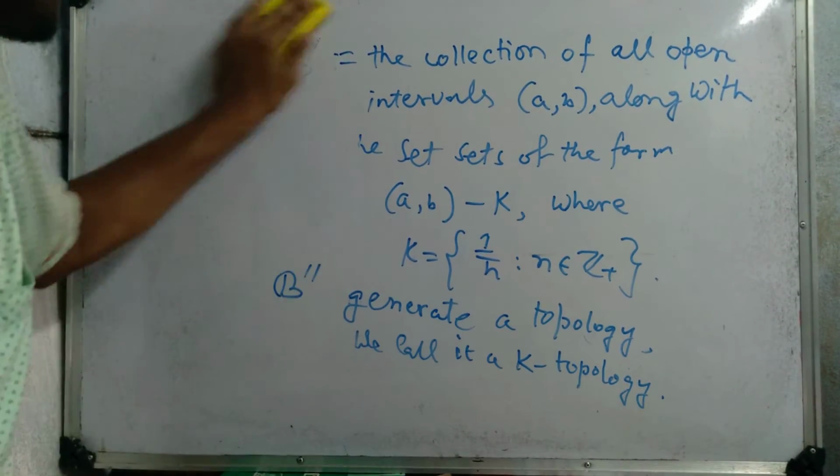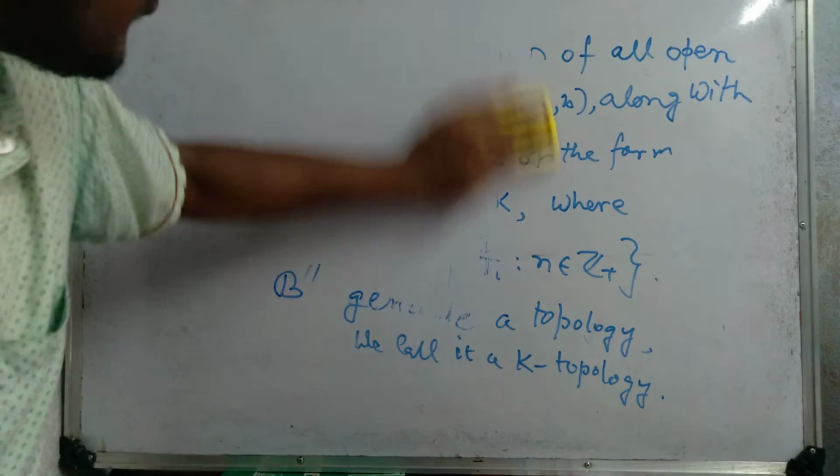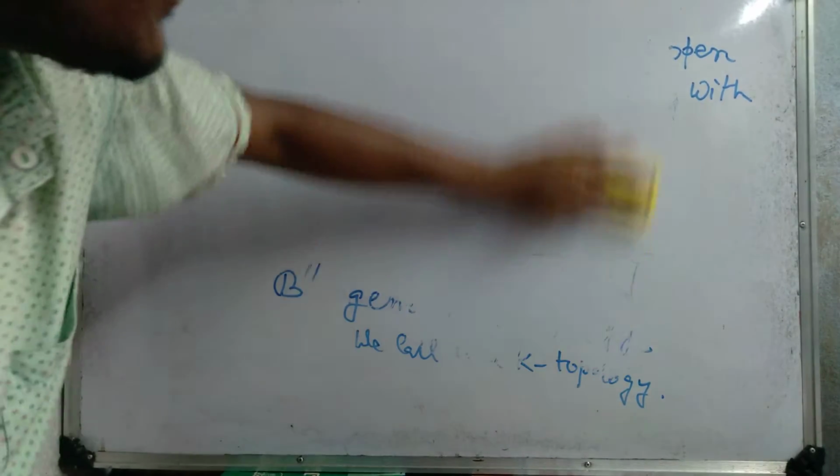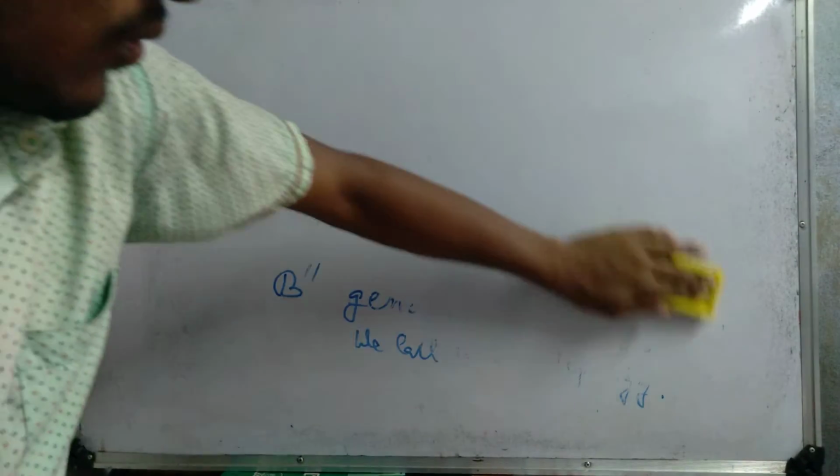Okay, these are the three definitions of topology from basis elements, which we now study. Now we compare them, that means we draw a lemma.